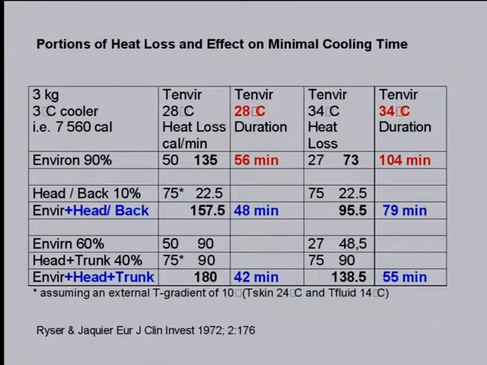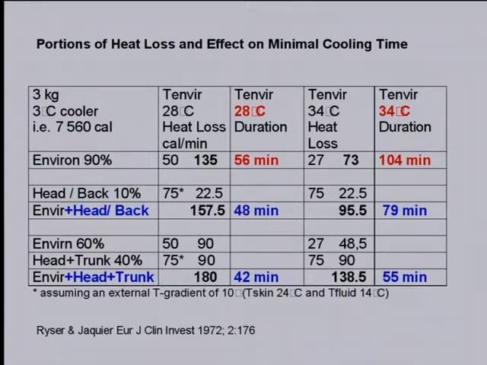When you cool with a cool cap or a mattress from the back, then you can extract more, but not that much more, because still a lot of heat is lost to the environment. But it will be somewhat faster, and in a warm environment it will be 1 hour and 20 minutes.